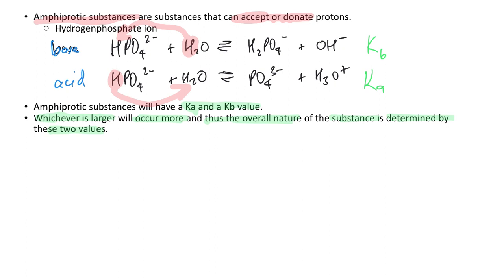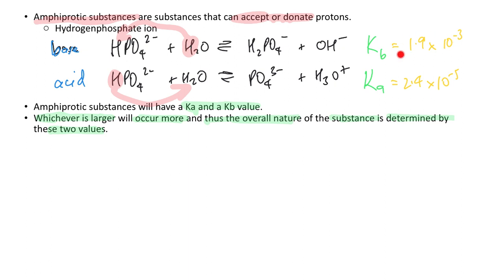So now I know that HPO4 is a base. This Kb is equal to 1.9 times 10 to the negative 3, right? And the Ka value is 2.4 times 10 to the negative 5. Which one is larger?